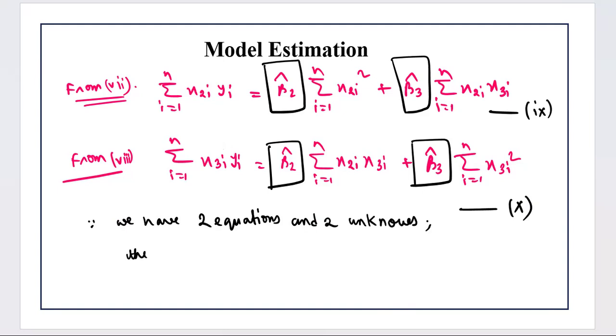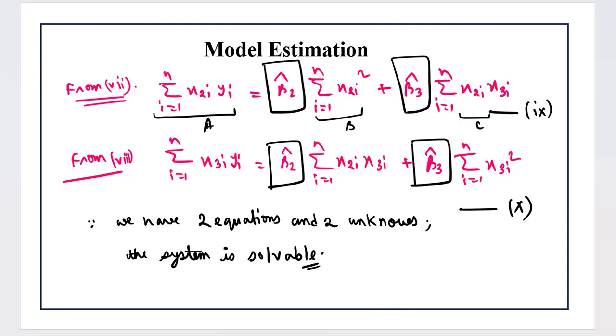The system is solvable, right? How do you solve this equation? So suppose I call this term A, I call this term B, and this is term C. Suppose this is D, and this again, x2i x3i, is term C, and this is summation x3i term, so this is E. So this system of equations can be written in this particular format.